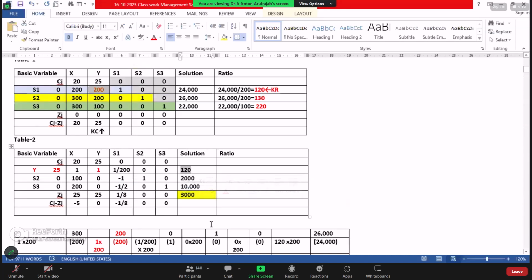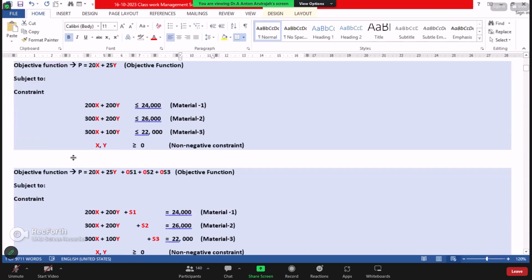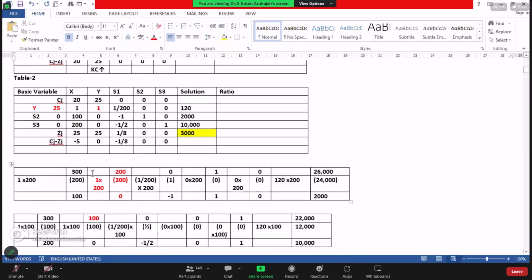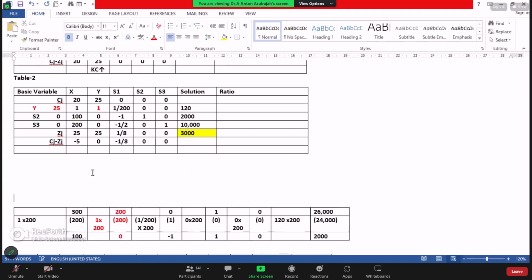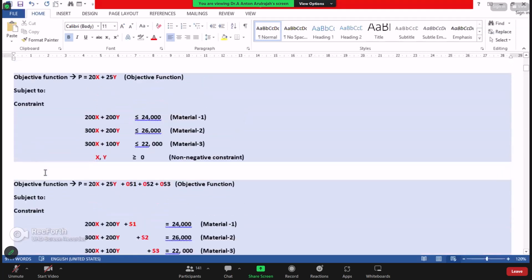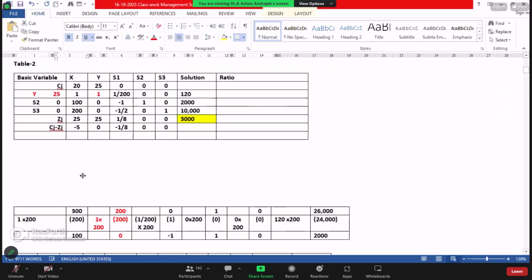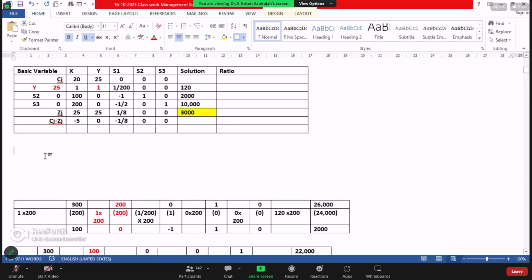So now you see that in these equations, you apply what the solution is here. X, the product 1, denote X. X is 0 according to this table. X equals 0.